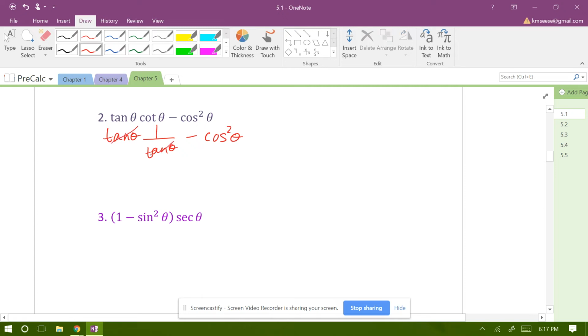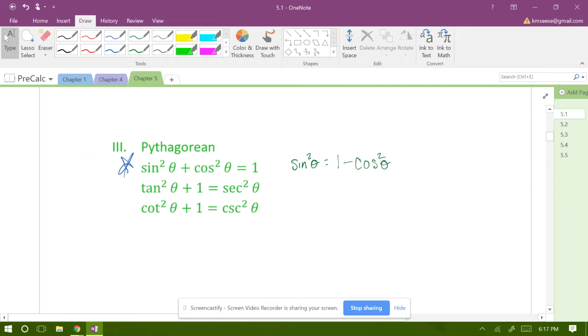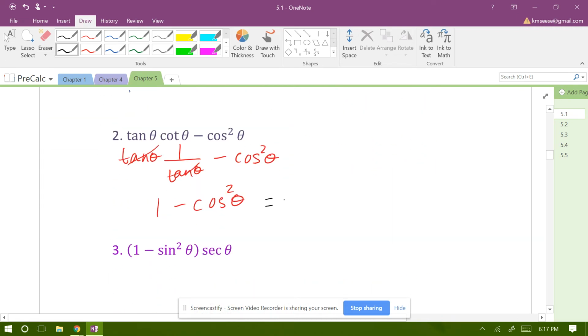So your tangents cancel out, and you're just left with 1 minus cosine squared of theta, which, if we go back up to our Pythagorean identities, is just sine squared of theta. So your answer here is just sine squared of theta.